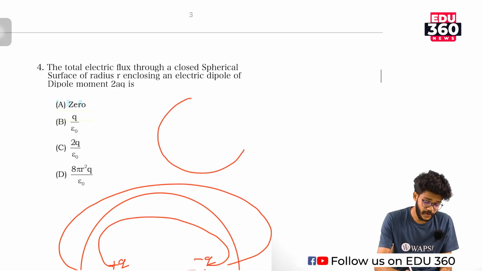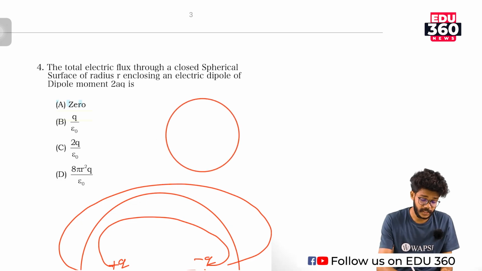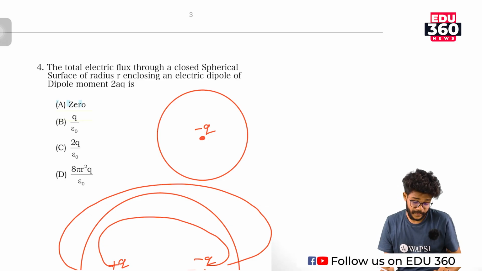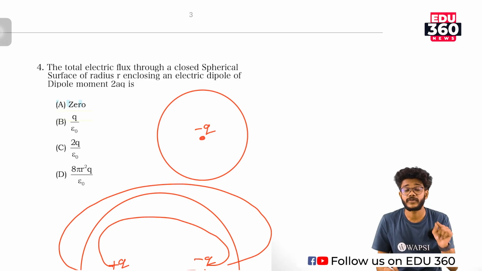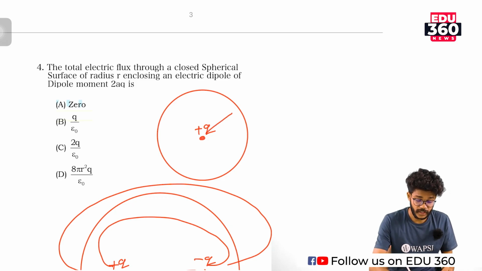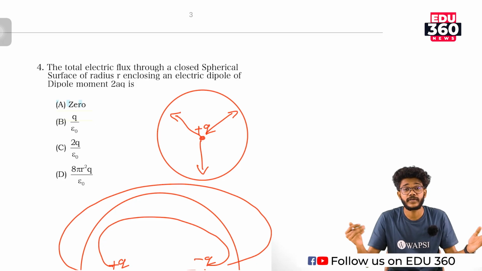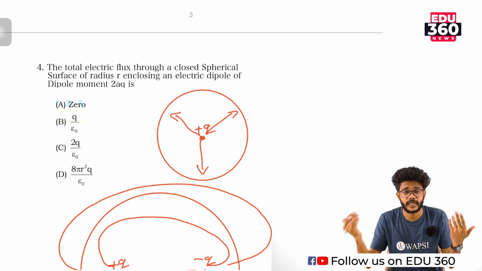We know that for a single charge plus q placed inside a sphere, the flux is defined as q by epsilon 0. That is Gauss law. All lines emitting from the center will cross the surface area, and no line comes from outside to the center.